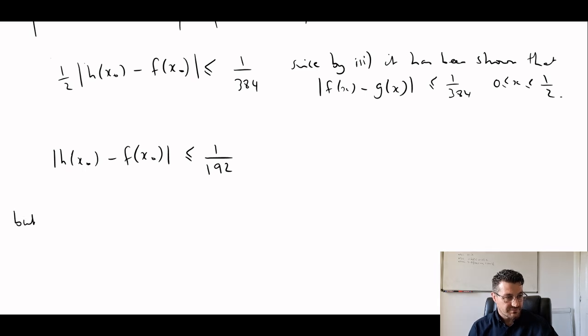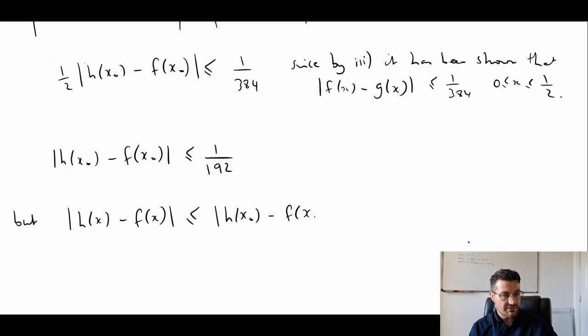But the modulus of h of x minus f of x is less than or equal to the modulus of h of x naught minus f of x naught, because remember, h of x naught minus f of x naught is the maximum.